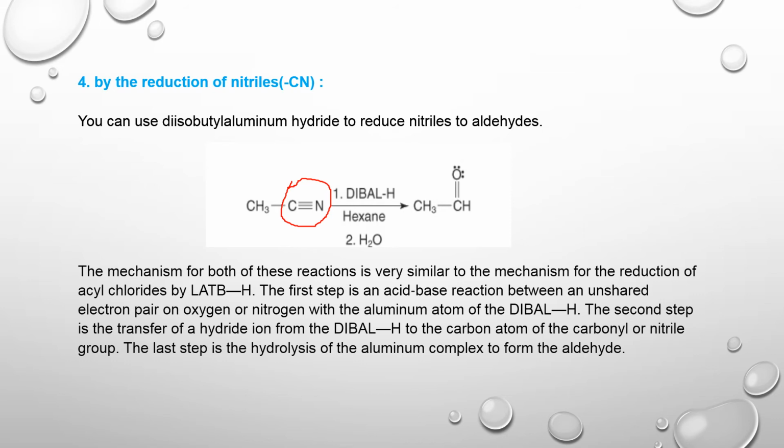Hydride ion transfer takes place in the second step, and later hydrolysis of the aluminum complex gives the aldehyde. In a similar fashion, the last slide discussed acyl chloride reductions.